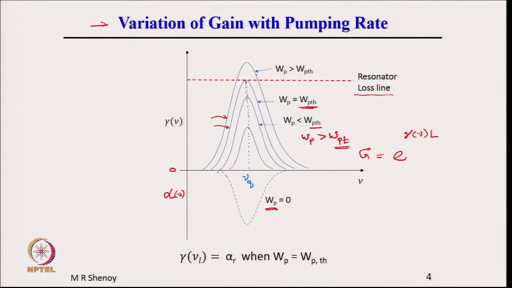Note that when Wp is greater than Wpth, the gain coefficient gamma is greater than alpha r, which implies there is net amplification, which implies the intensity inside the resonator builds up.